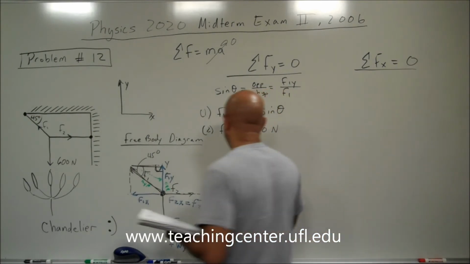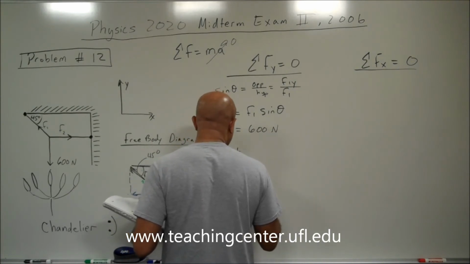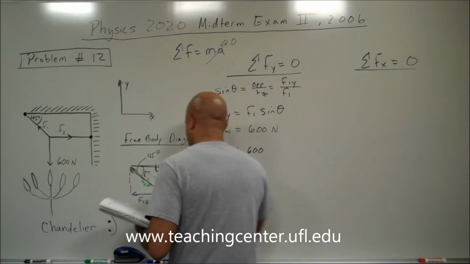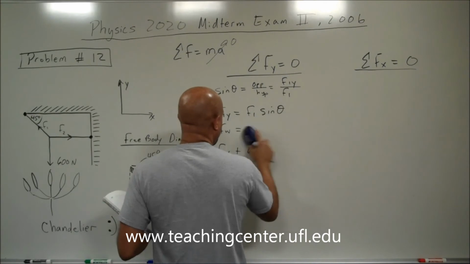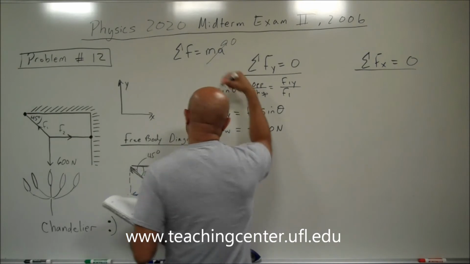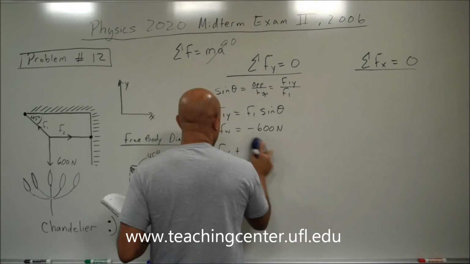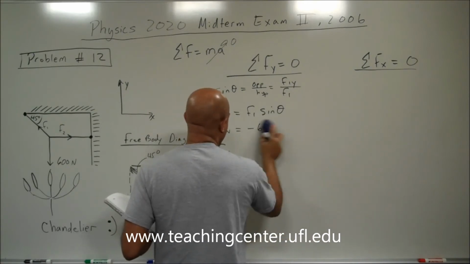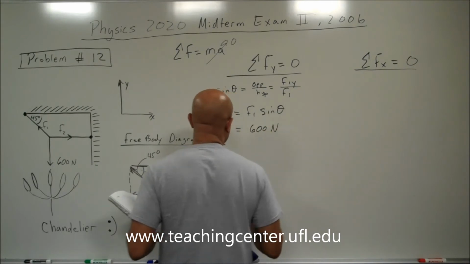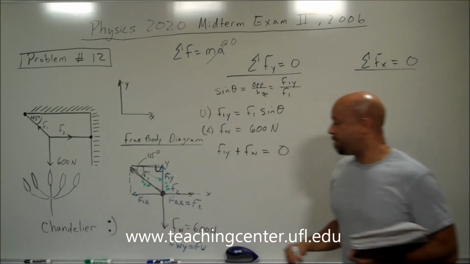So F1y plus, we know the force is minus 600 newtons because it's acting in the negative direction. The best way to do it so you don't get confused is to just put the magnitude, which is 600. So F1y plus Fw is equal to 0.